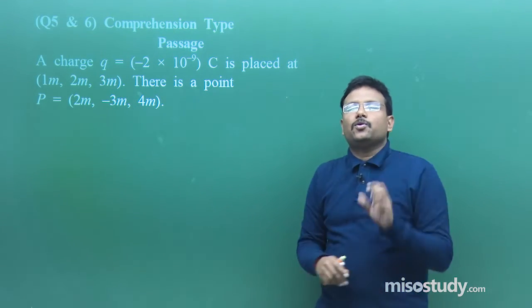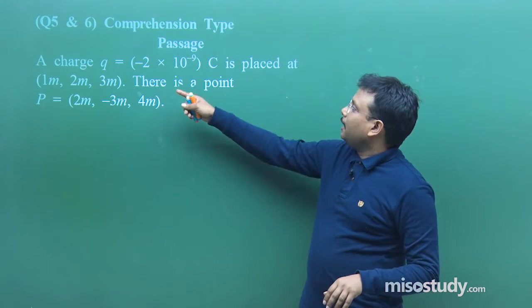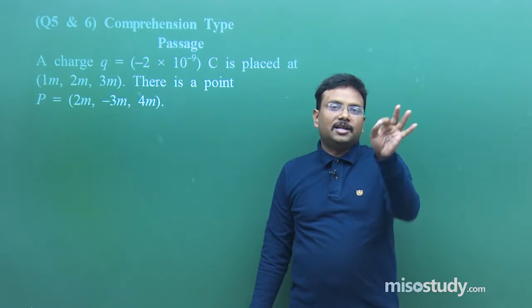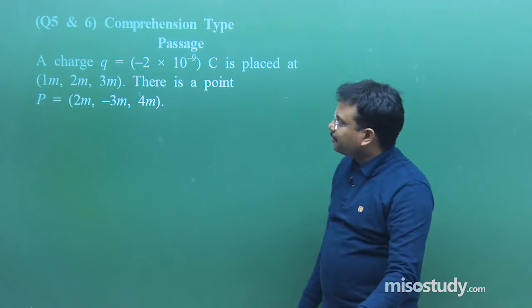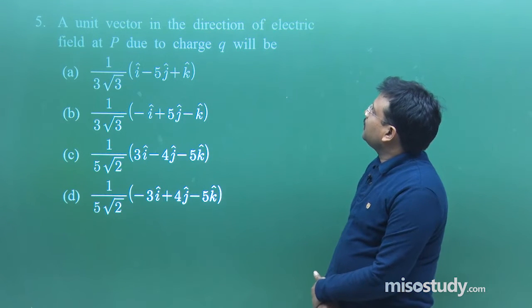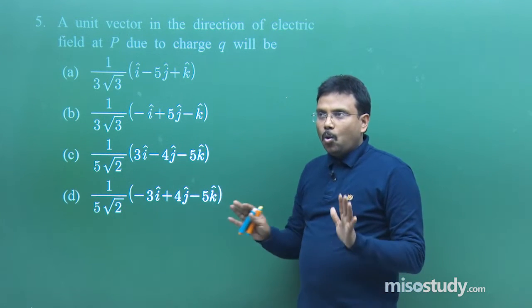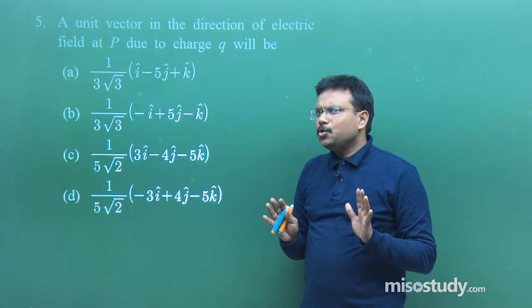You just have to close your eyes and imagine 3 points in space and a charge placed in air. Fine. Let's take a look at question number 5. A unit vector in the direction of the electric field at P due to charge Q will be. Okay, we have to find the unit vector.